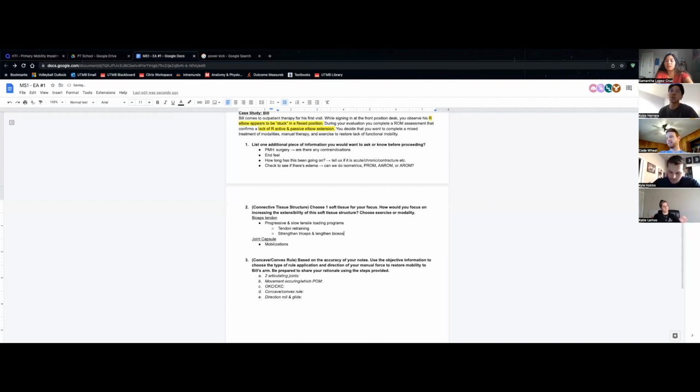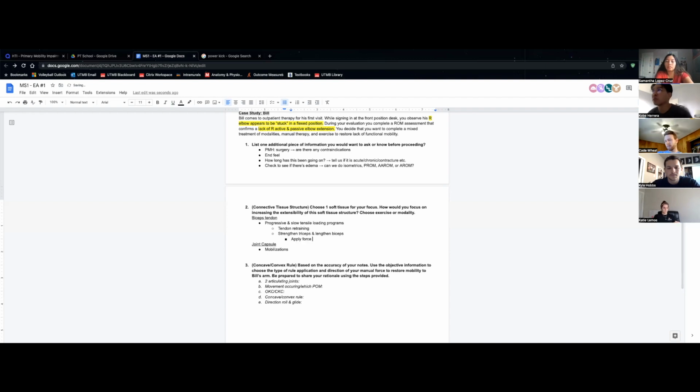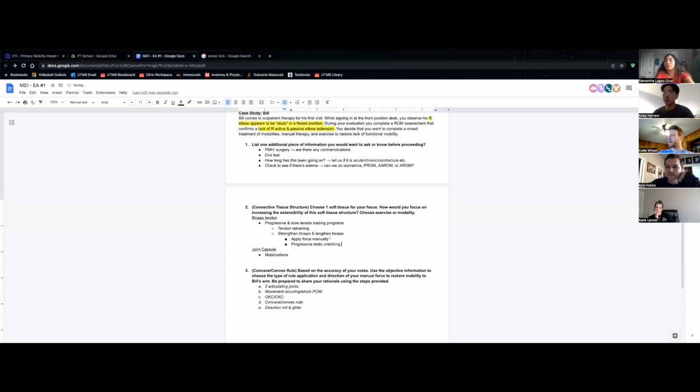It doesn't even have to be weight. We could just apply force manually. Oh, so we could do progressive static stretching, where you hold it down for a period of time, then keep it there, and then go a little further, keep it there.